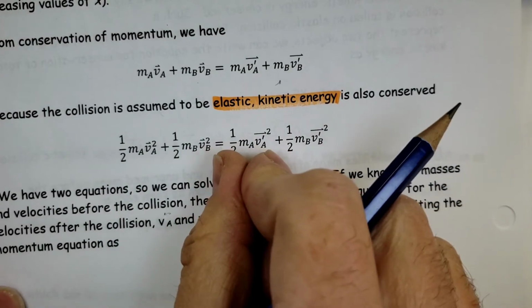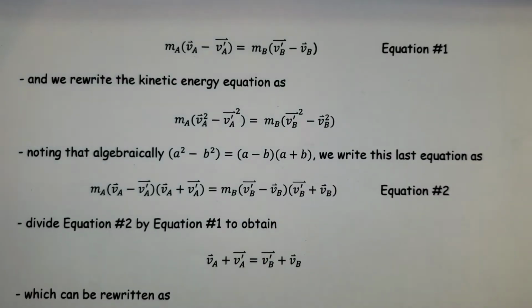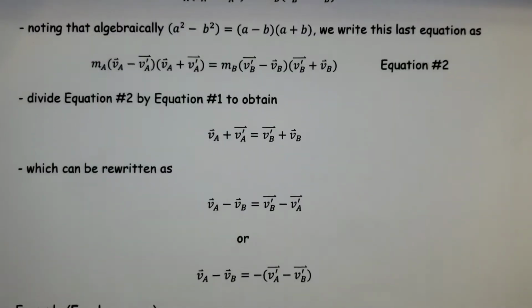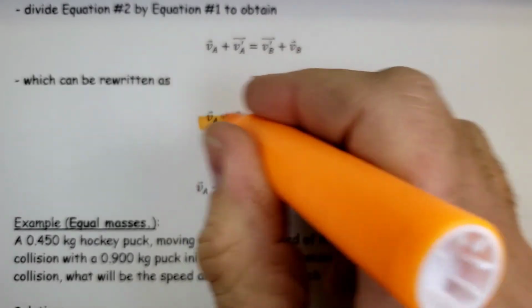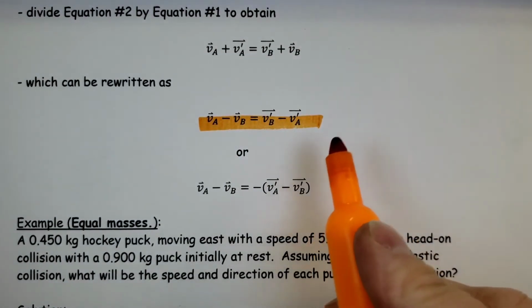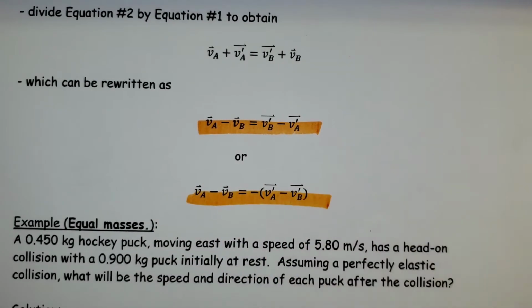So take this piece here, move it to here, take this, move it to here. We get that. And then of course we can combine the two equations, and what we end up with are these two scenarios here. So we get either this, or if we factor out a negative here, it can become this. So either way is correct.